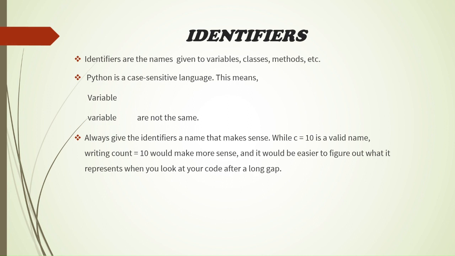Always give the identifiers a name that makes sense. While c equals 10 is a valid name, writing count equals 10 would make more sense and it would be easier to figure out what it represents when you look at your code after a long gap.